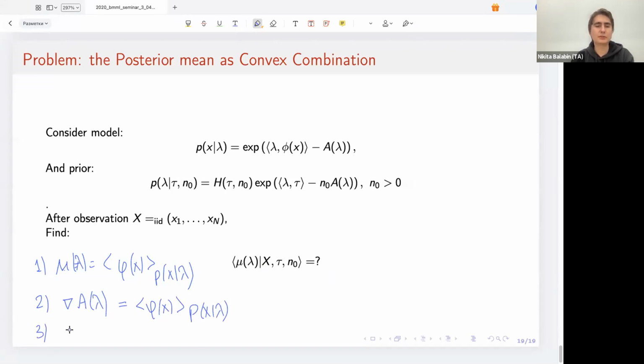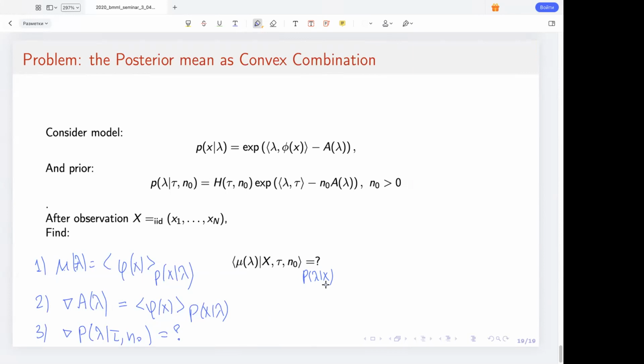To solve this problem, find the gradient of the prior distribution and think how you can use it to prove this. And here we have the expectation with respect to the posterior distribution. So don't forget to update the parameters. When you find something for the prior, you need to update the parameters because here we have the posterior distribution.